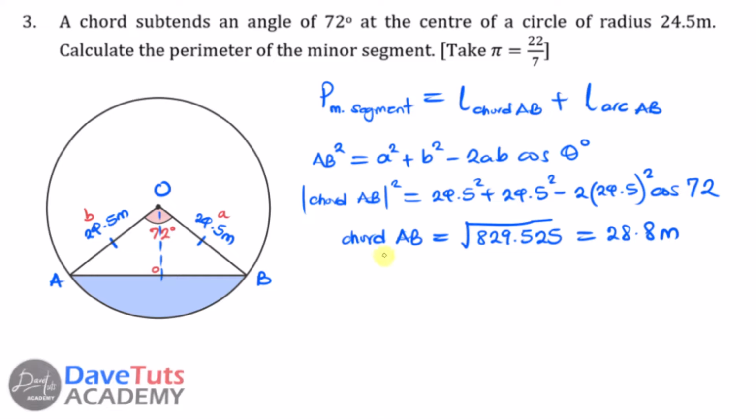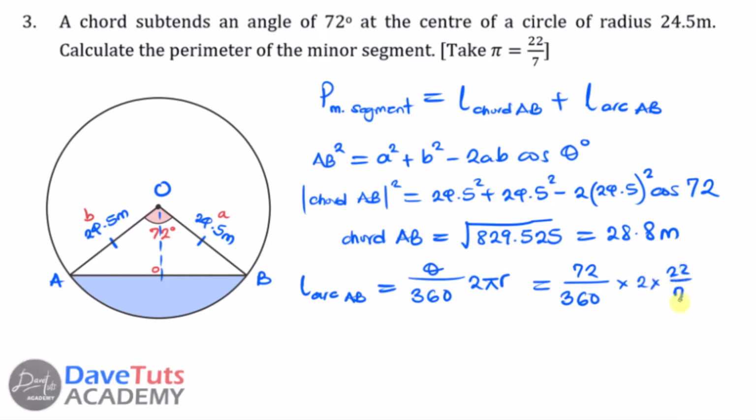Now that is the chord AB, but we also have the length of arc AB. For the length of arc AB, we know that it is theta over 360 multiplied by 2 pi r. What is our theta? We know that already. That is 72 over 360 multiplied by 2 multiplied by pi.